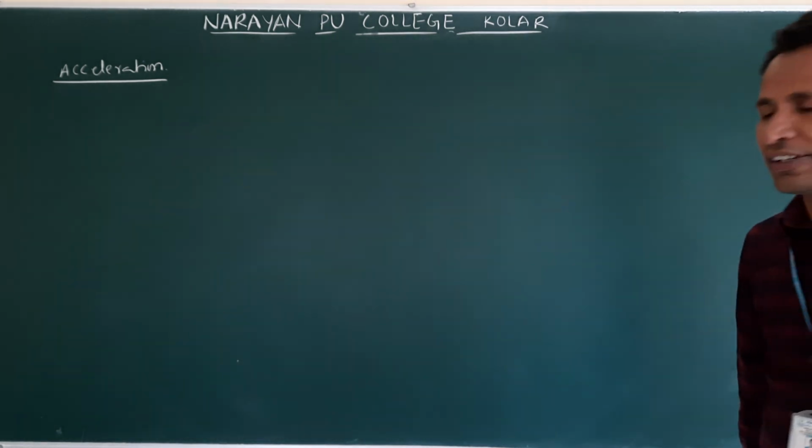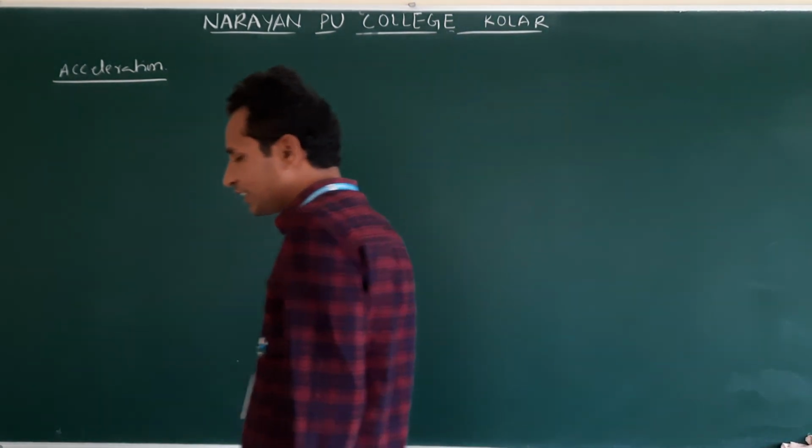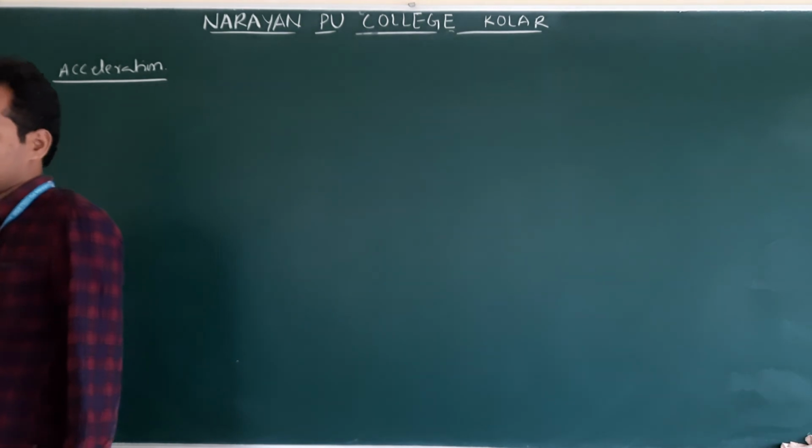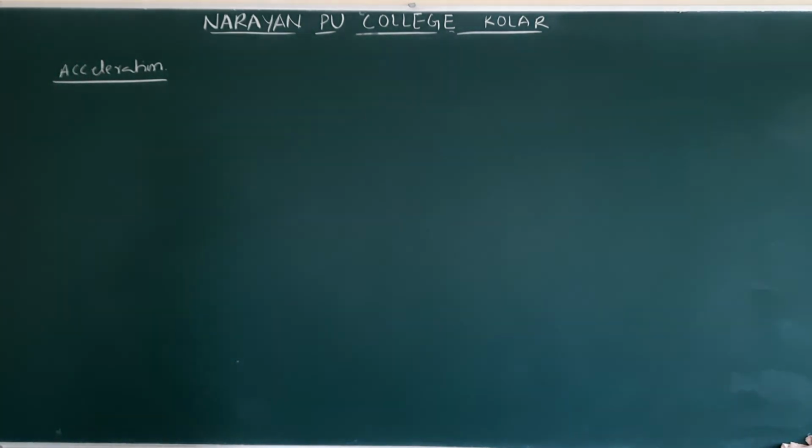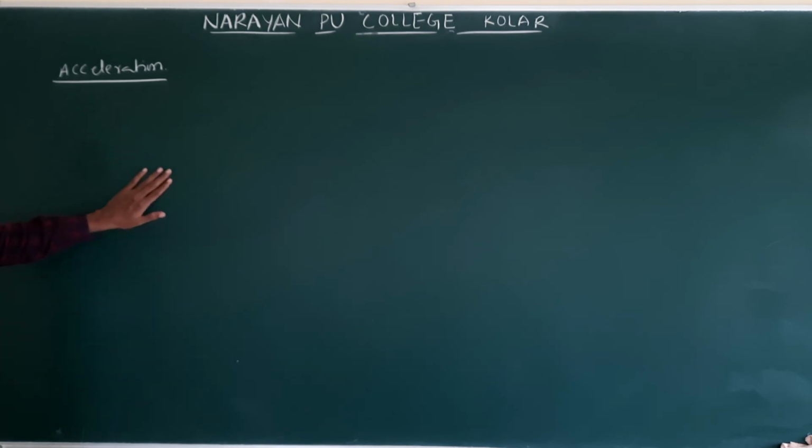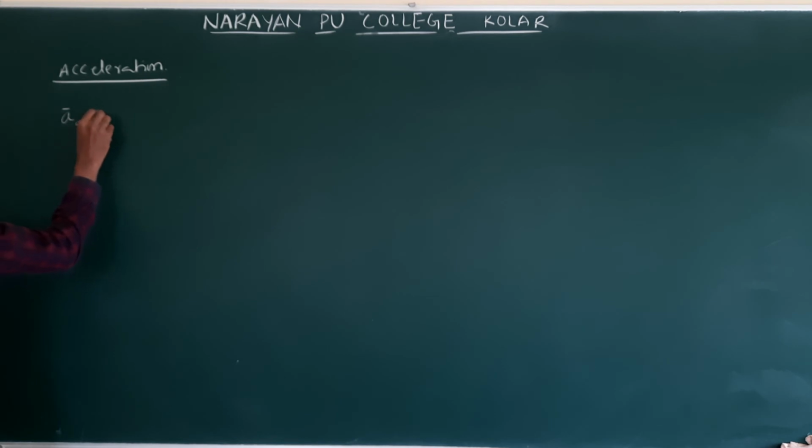What we followed in average velocity and instantaneous velocity, methods and mathematics equations, same we will follow here. First one average acceleration, then instantaneous acceleration. So acceleration average, a or a_av.